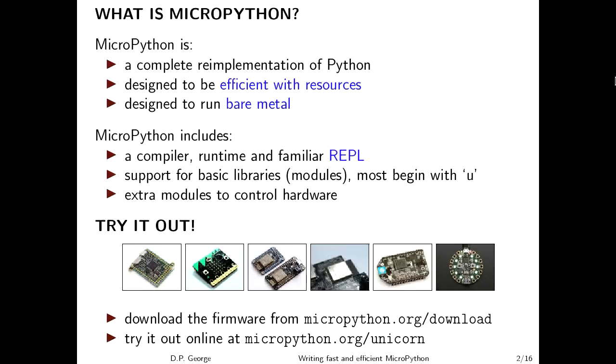But if not, I'll just give a brief overview of what MicroPython is for those people who are new to it. So it's a complete re-implementation of Python, from the ground up, written in C. And the idea when I was writing it was to not look at CPython and how it was written, but just look at the language specification itself and try and copy the language specification and implement that.